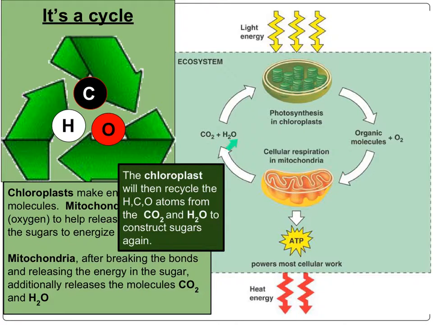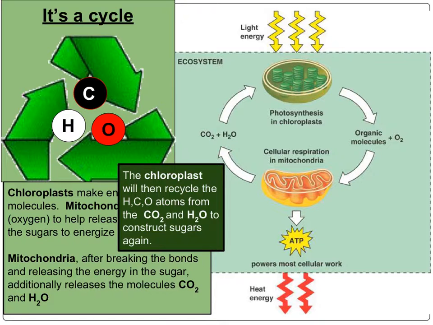These atoms are being released in the form of carbon dioxide and water, and then they will be used to reconstruct sugar. And then those sugars are taken and reconstructed, the atoms are reconstructed into these molecules. And then these molecules are broken down and reconstructed into sugar and oxygen. So you can see that this is almost like recycling.